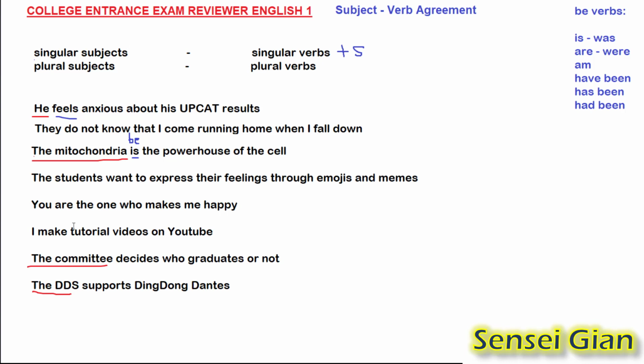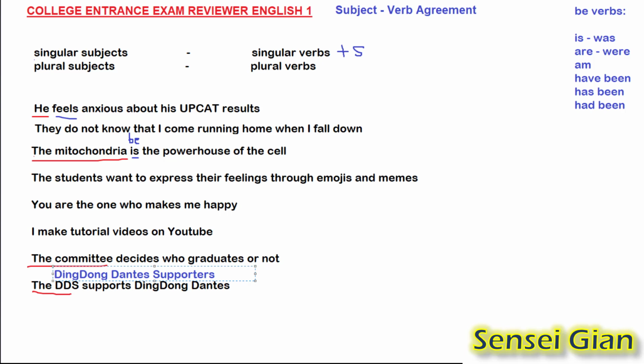So the committee is actually a group term. A committee is a group of people who are discussing or deciding on some matters. So committee is a group term, meaning they act as one. Therefore, it's a singular subject. How about the DDS? It's the name of an organization. Namely, they are called Ding Dong Dantes Supporters.